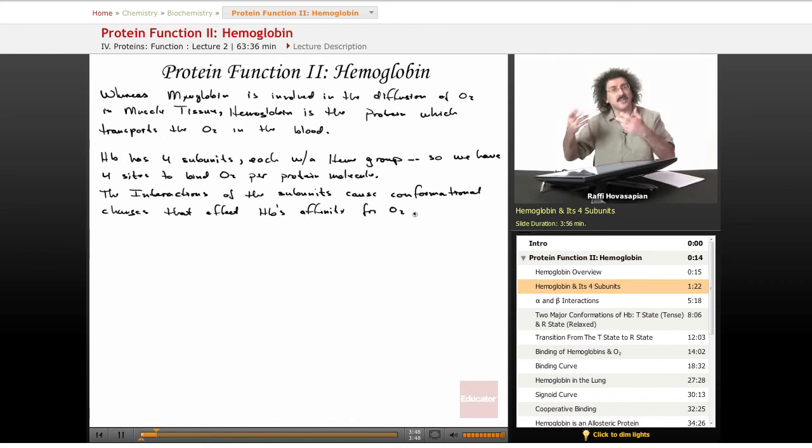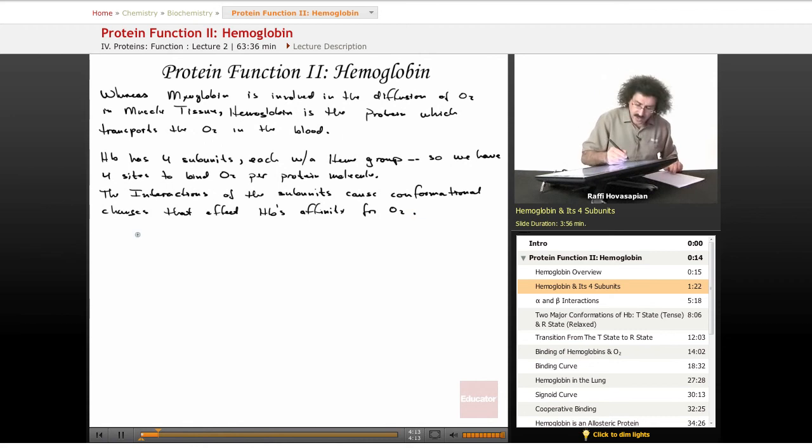It needs to be able to deliver it. But if it doesn't bind it very well, then it's not going to take up the oxygen that's in the lungs. So we need that high degree of flexibility based on different concentrations of O2. And again, since it's a gas, we're going to be talking about different partial pressures of O2.